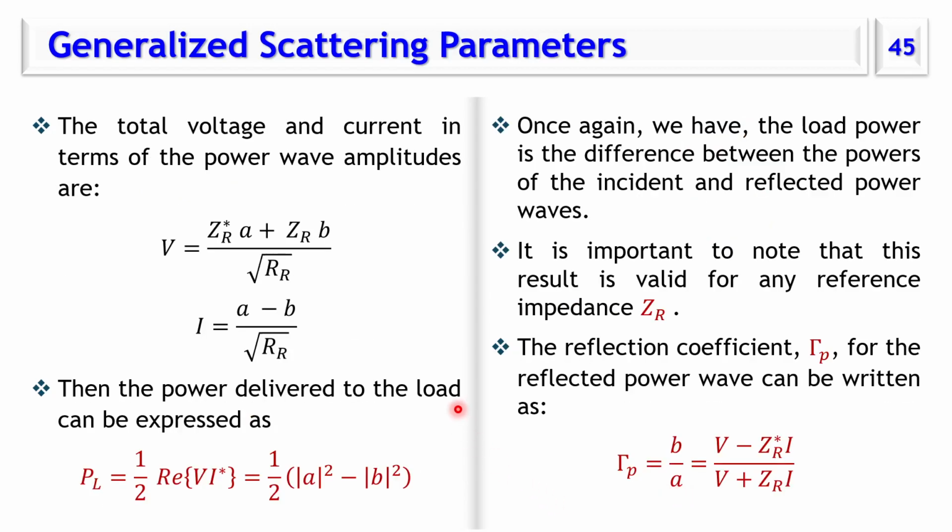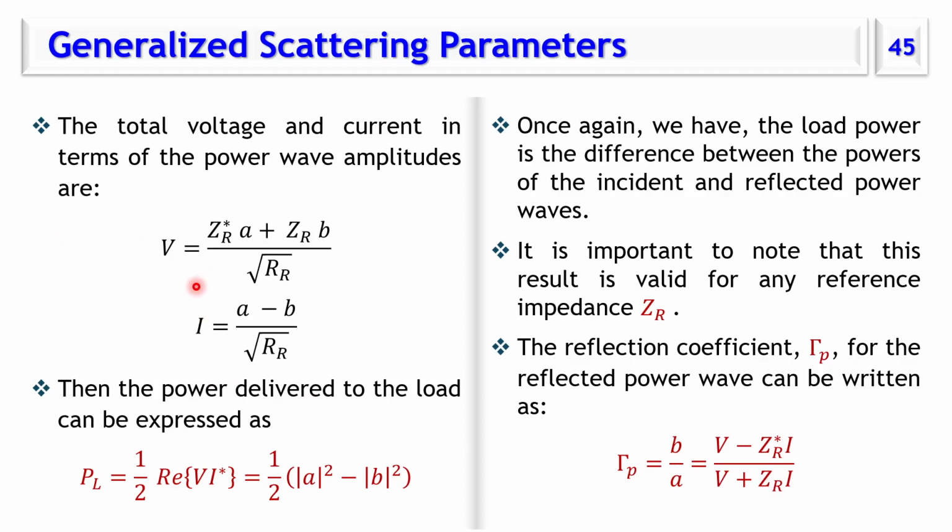Based on that, V will equal this expression, a relation between A, B, and the reference impedance. Current would equal this expression, and under this expression, the power delivered to the load equals half the amplitude square of A, the incident power, minus the square amplitude of B, which is the reflected power, and the power reflection coefficient here would equal B over A.